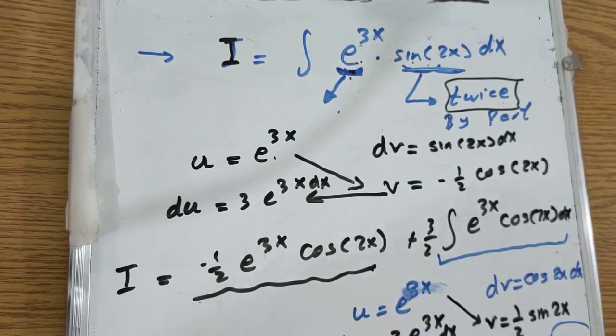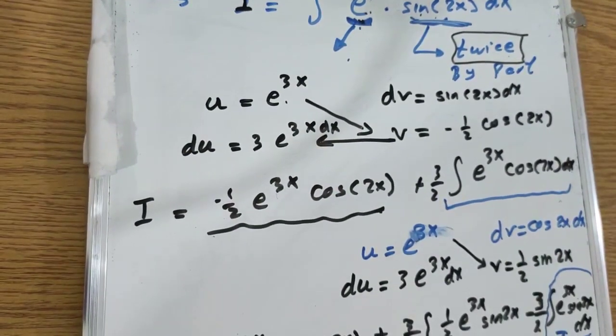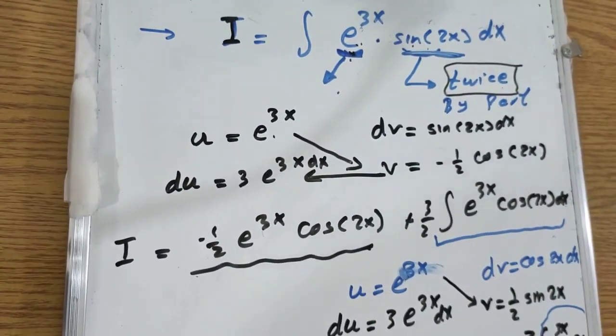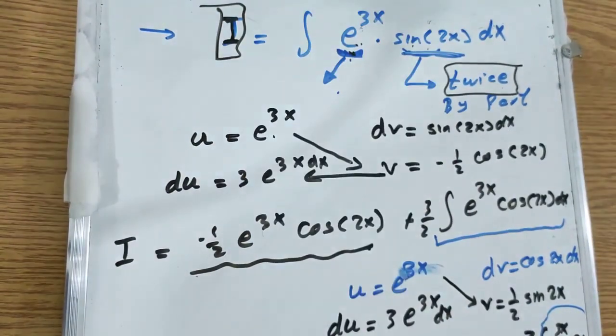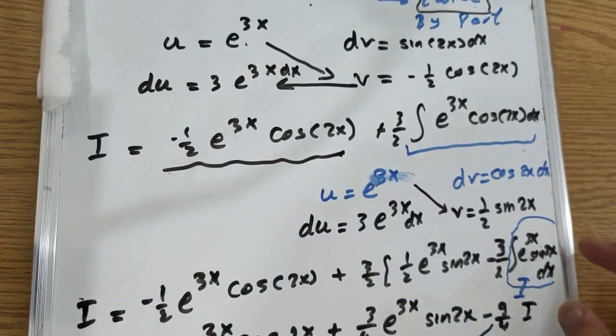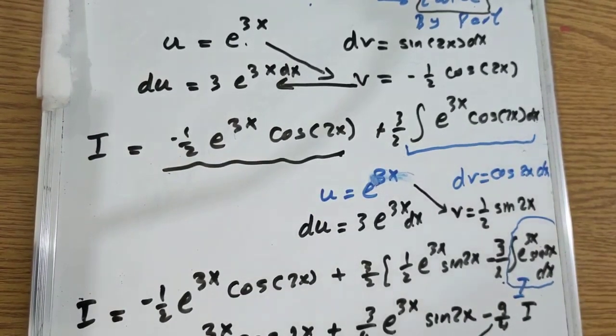So if we make integration by part twice on this integration, it will return again to its form, which we assume that its value is equal to I. So after its form appears again, we write this integration as I and collect I in one side to evaluate the value of I.